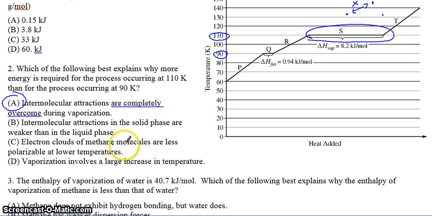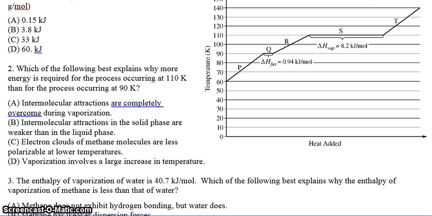C says electron clouds of methane molecules are less polarizable at lower temperature. This is not necessarily true, so that one's out. D says vaporization involves a large increase in temperature. Not necessarily. You have to increase the temp to get to vaporization, but during the vaporization itself, there is no change in temperature. So none of the rest of the answers are as good as the first answer.